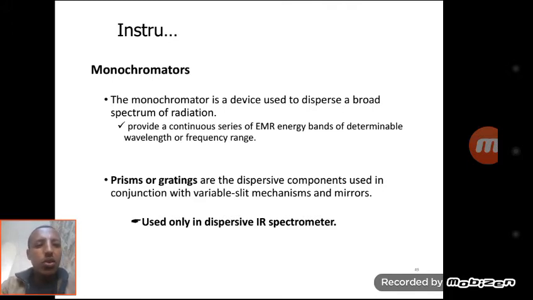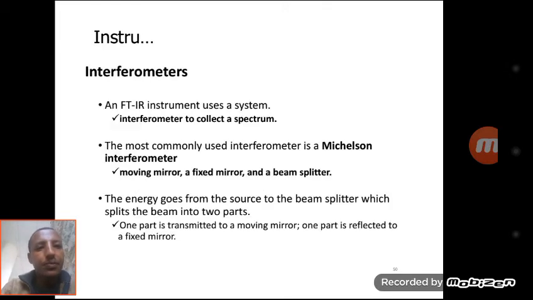The mirrors are used to form the light source into a parallel beam. The Fourier transform spectrometer uses an interferometer and does not use a monochromator. The prism and grating are only used for dispersive IR spectrometers.